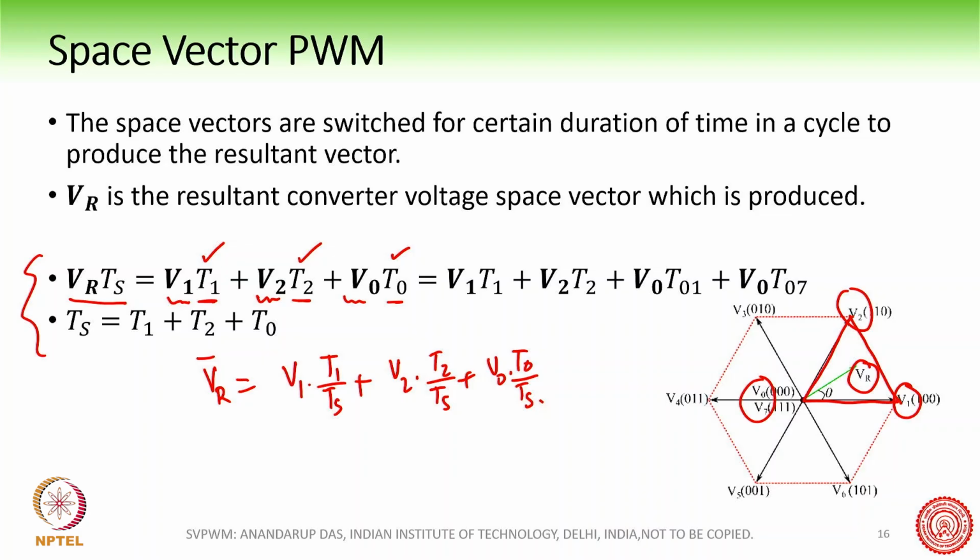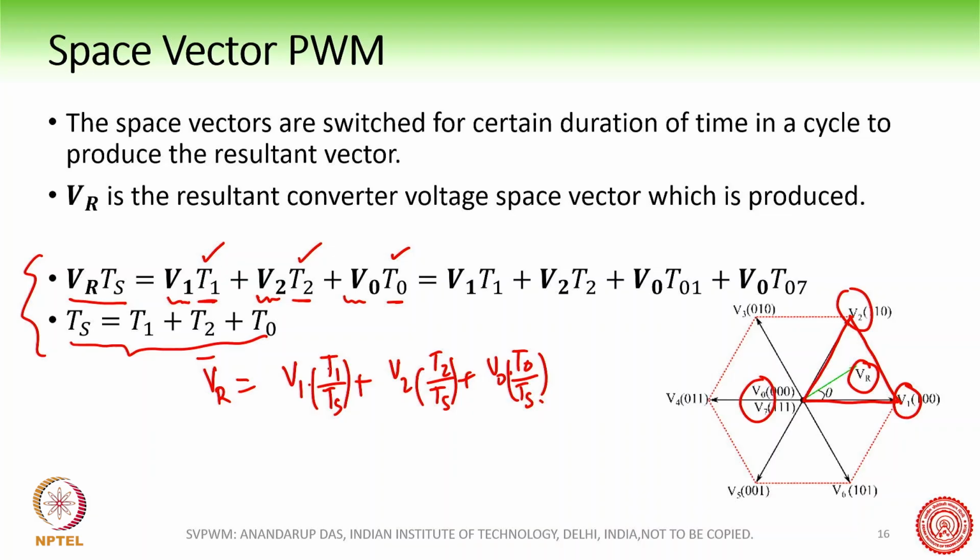So these are like weights to be put on the three active vectors. But remember that Ts is equal to T1 plus T2 plus T0. So this is the total time in a switching cycle for which we are going to use the vectors V1, V2 and V0, right?